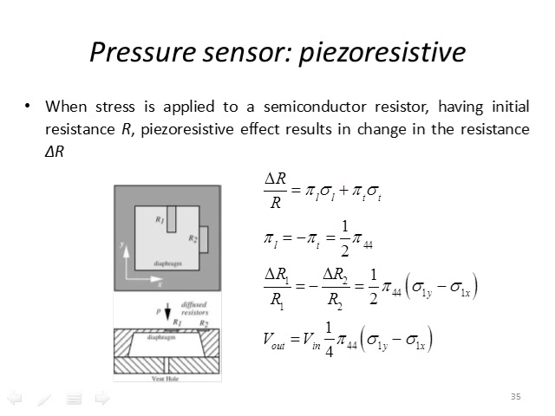Pi L is a material property, and sigma L is the strain applied in the longitudinal direction, and then we also have a term for the transverse direction. So depending on the material and how this is engineered onto a membrane or some other type of bending structure, we have to be careful how we formulate these equations.